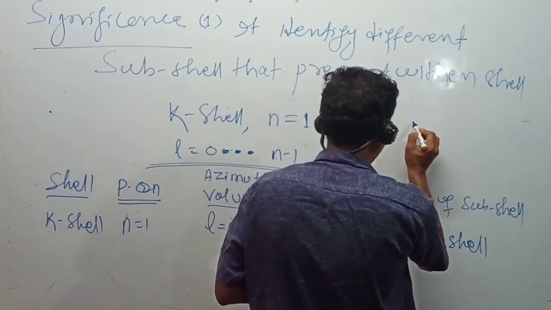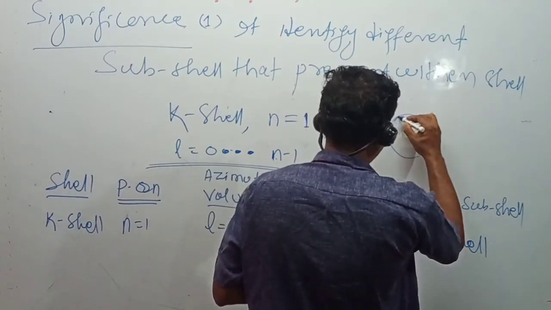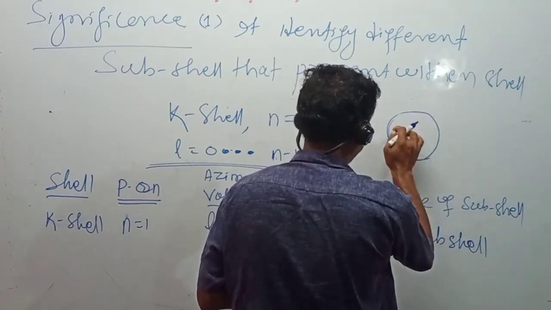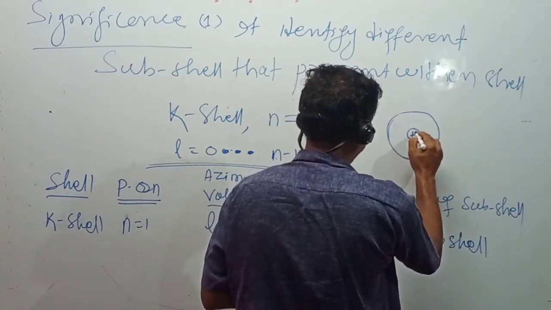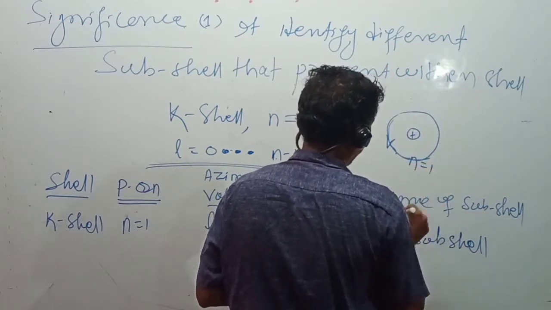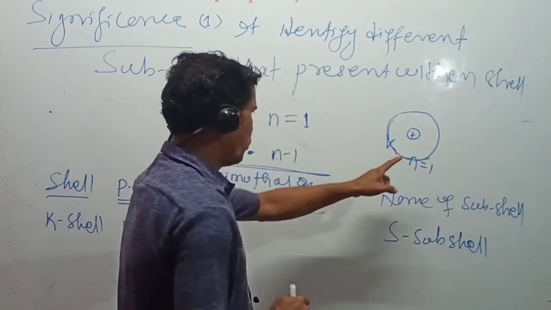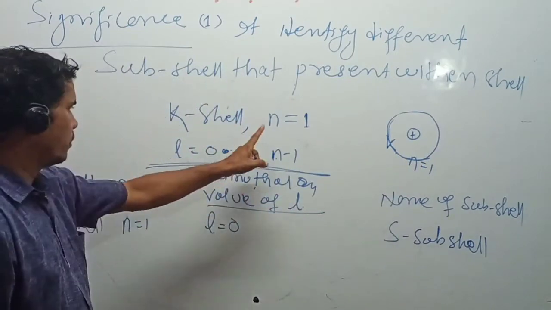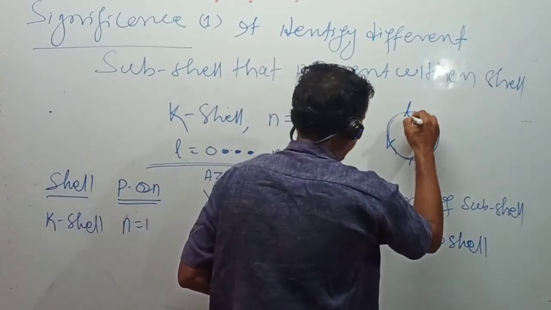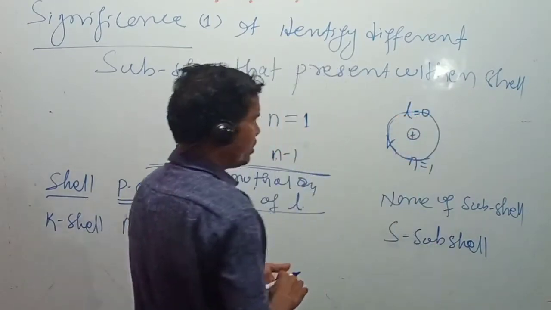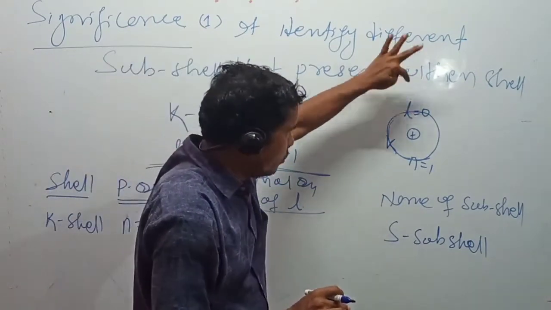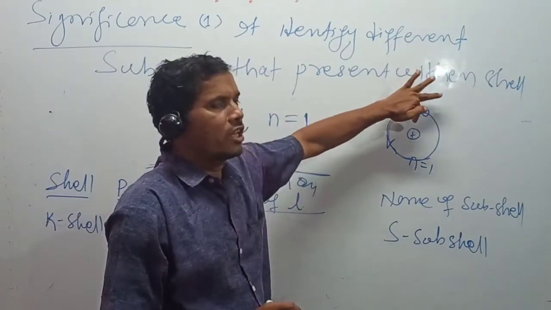For example, suppose this is the cell closer to the nucleus, the K cell where the principal quantum number n equal to 1. By putting 1 here, we get l equal to 0. So l equal to 0 means there is only one subcell within this K cell.